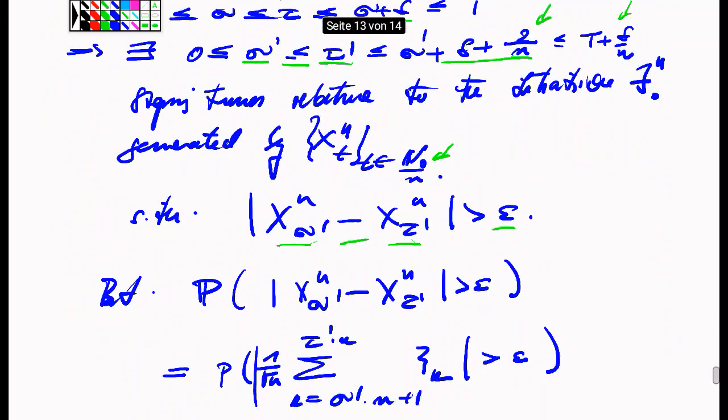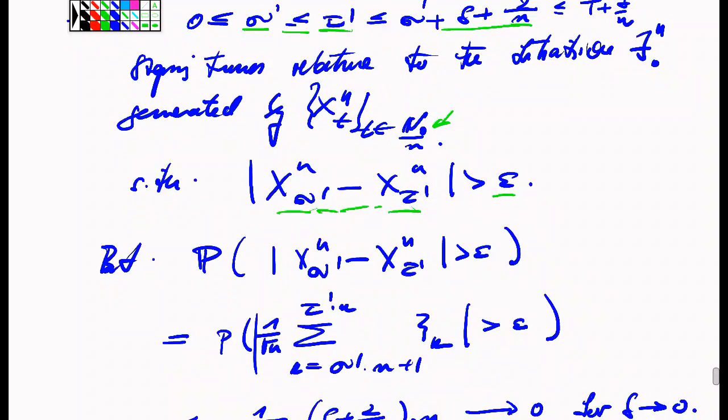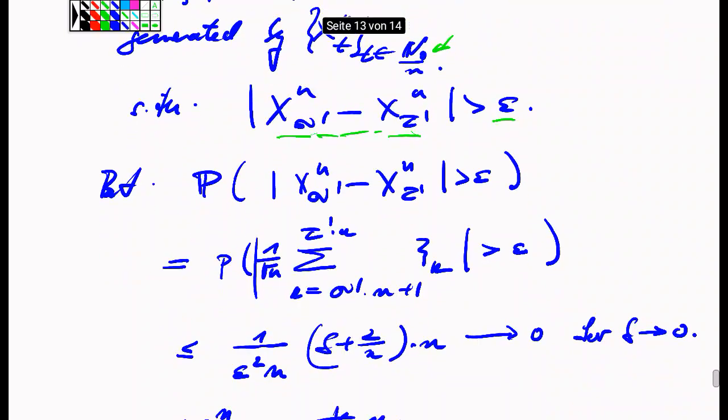Okay, and now if we want to make an estimate on the probability, for two such stopping times which are on the grid, that the difference of these two evaluations is greater or equal to epsilon, then we can insert the definition of these random variables at the two grid points.